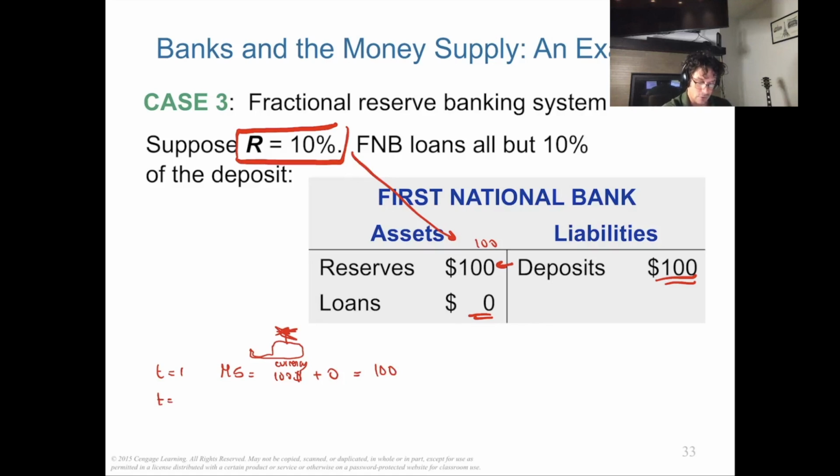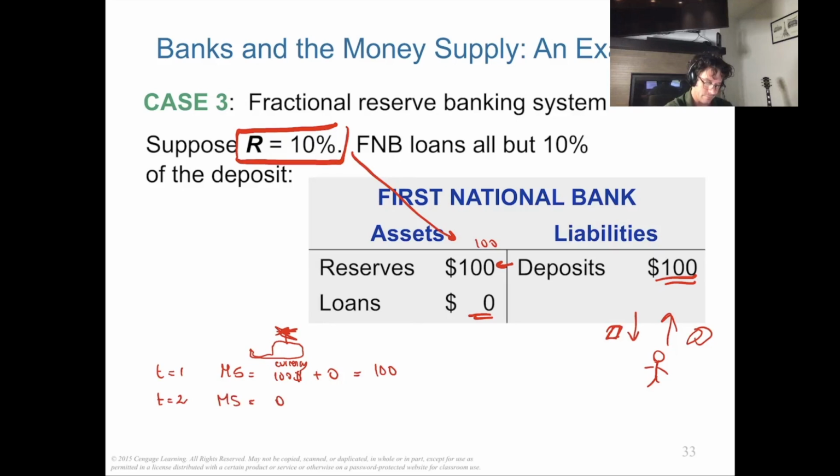At t equal 2, the day after, let's suppose I get this money, I go to the bank and I deposit my $100, and in exchange I get my debit card. Important: not a credit card, a debit card. We want to swipe the card and directly affect our account. So in this case, the money supply is equal to what?